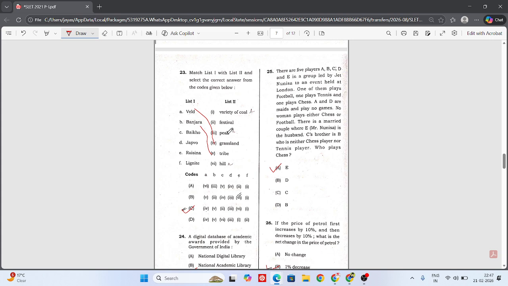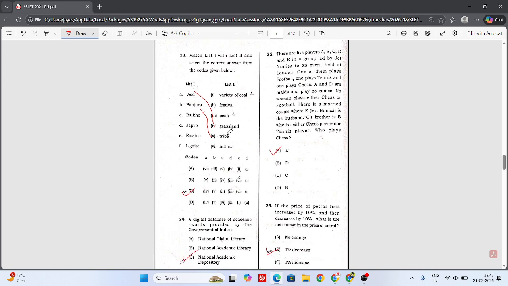They have given items on both sides, and they are asking which has similarity with which one. I think it's not festival also.